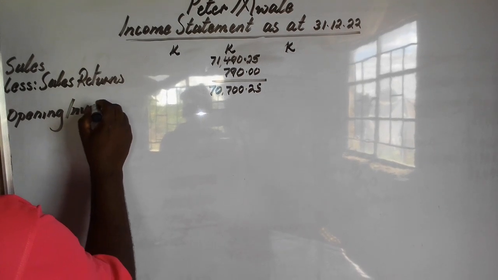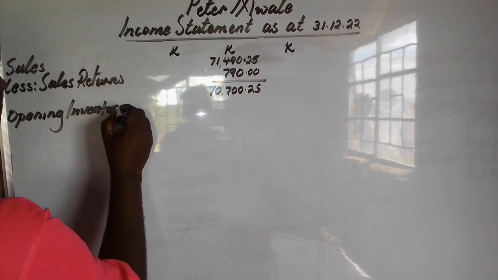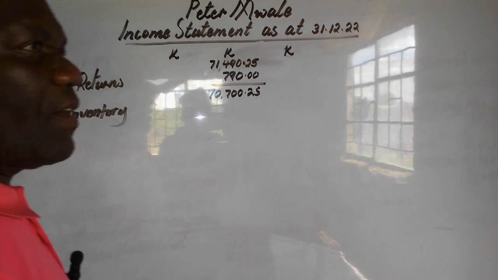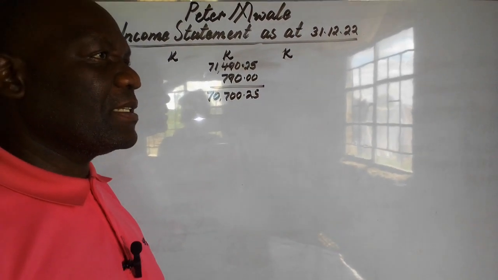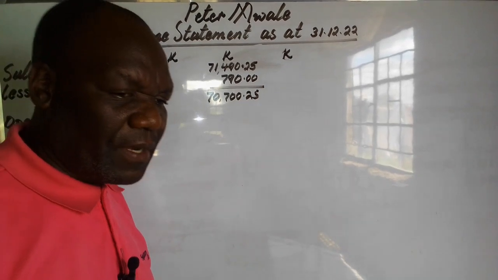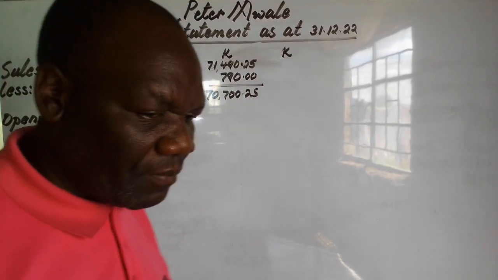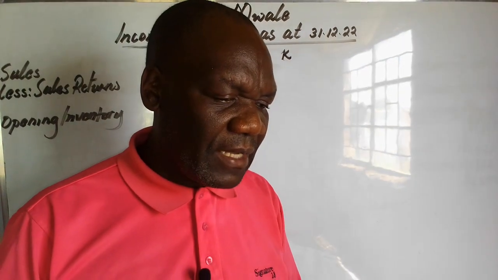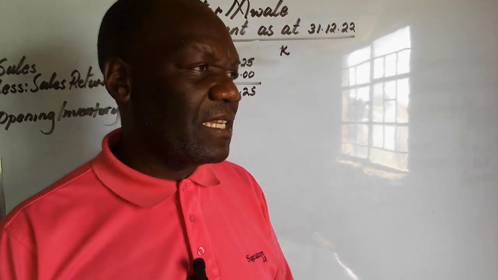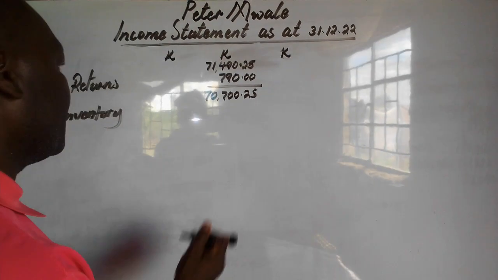Opening inventory. What is the figure for our opening inventory? In the question there, it has told me that opening inventory is 5,900.